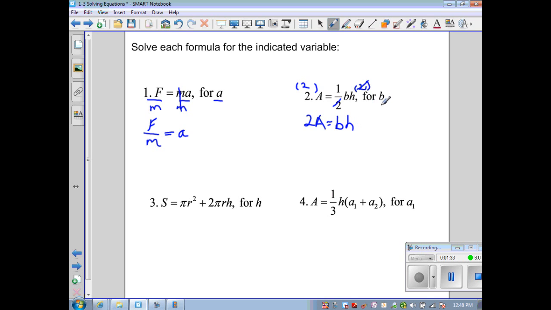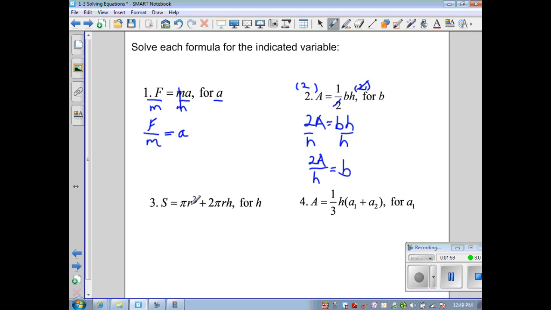I'm solving for b, so I'm going to let h represent basically a real number. If it was a 5b, I would divide by 5 on both sides. But this is a variable, so I'll just divide by h on both sides. And when I do that, my solution is going to be 2A over h equals b.